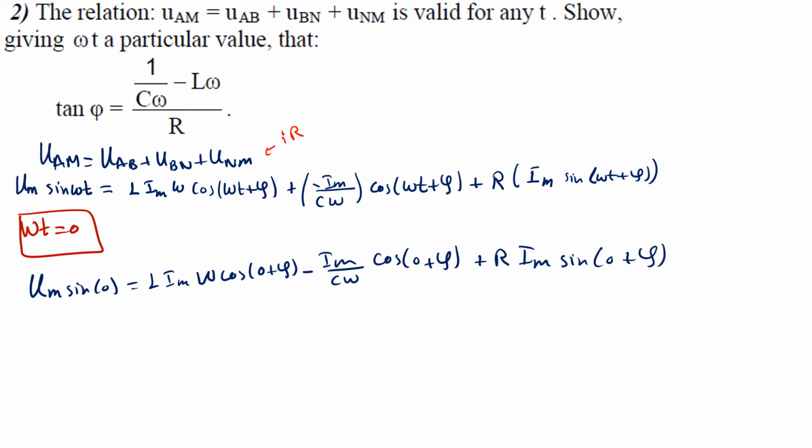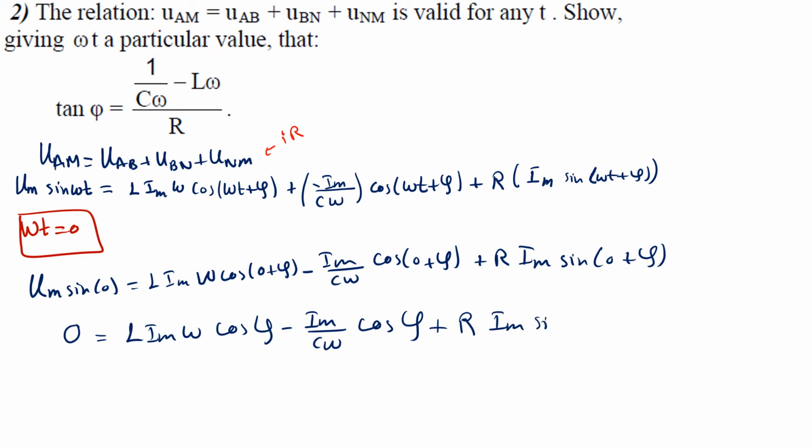So this will make it much easier. Sine 0 is 0, equals L Im omega cosine phi minus Im over C omega cosine phi plus R Im sine phi.